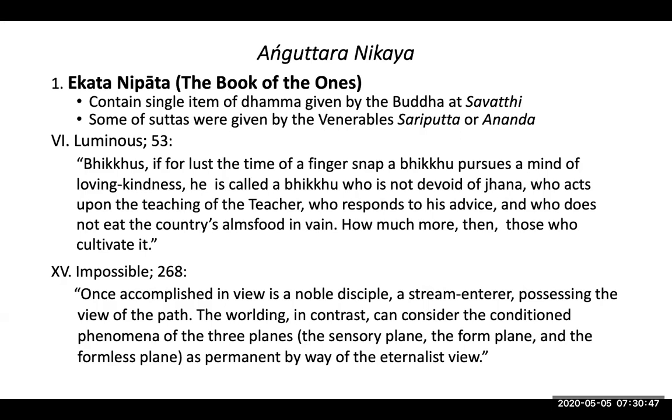Three planes means the sensory plane, the form plane, and the formless plane, as permanent by way of eternalist view. This means it is impossible for a person possessed of right view, such as a Sotapanna, to regard any conditioned formation as permanent, happiness, and self.